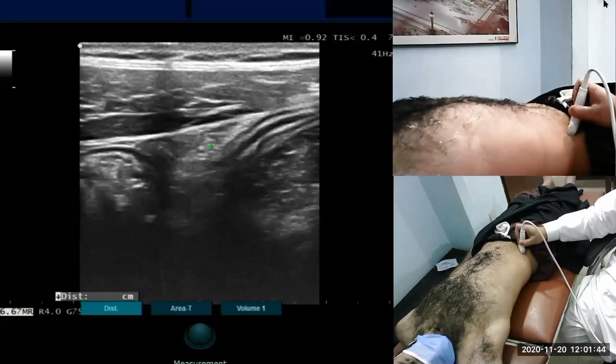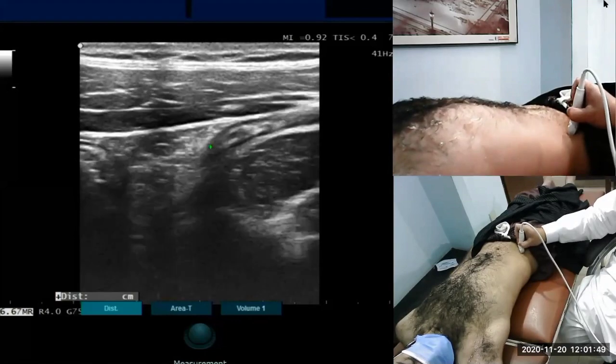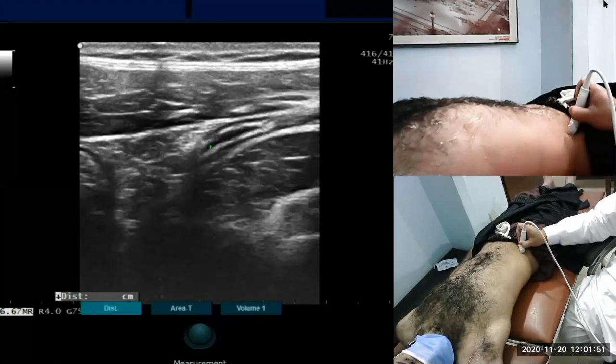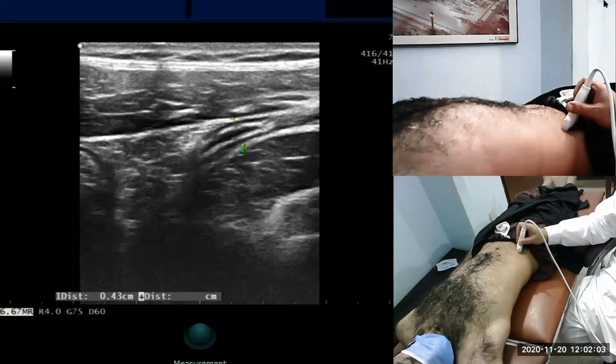So this appendix is less than or around 5 millimeter in diameter. So let's see, from serosa to serosa, it is 4.3. So this is normal.